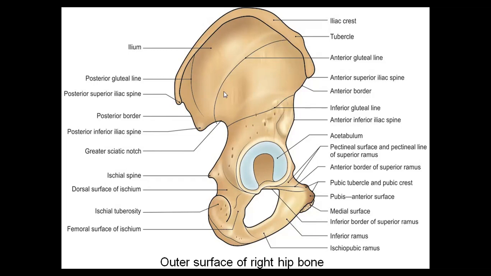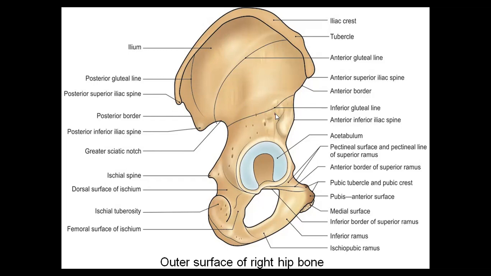Based on position, the one lower down is the inferior gluteal line, the one behind is the posterior gluteal line, and between the posterior and inferior we have the anterior gluteal line. Between these gluteal lines, the gluteal muscles take origin.